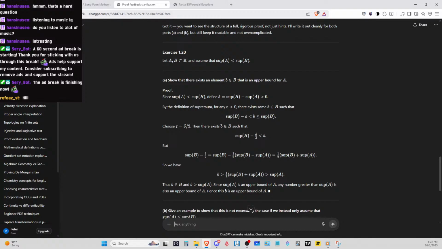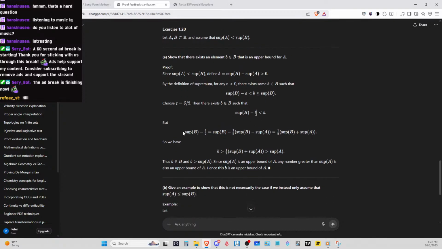I'll choose epsilon to be delta minus delta... is greater than SB.